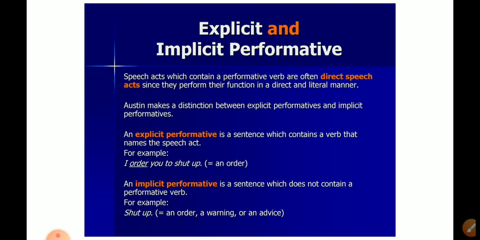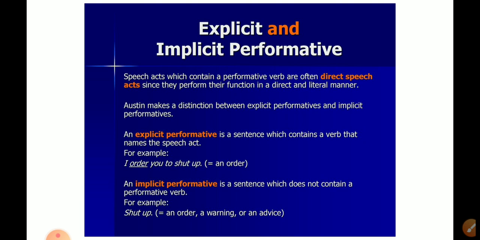An implicit performative is one where one should understand what the speaker means. So, an implicit performative is a sentence which does not contain a performative verb. For example, shut up. Shut up could be an order, could be a warning, or it could also be advice. So, depending on the speaker and depending on the context, it may mean an order, a warning or advice.